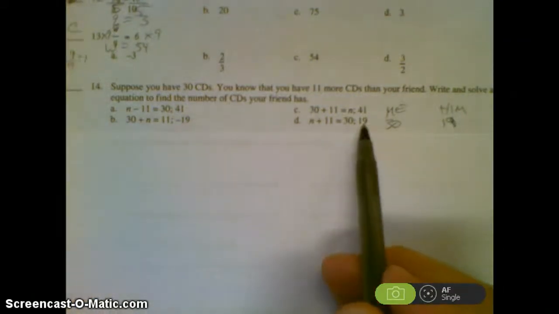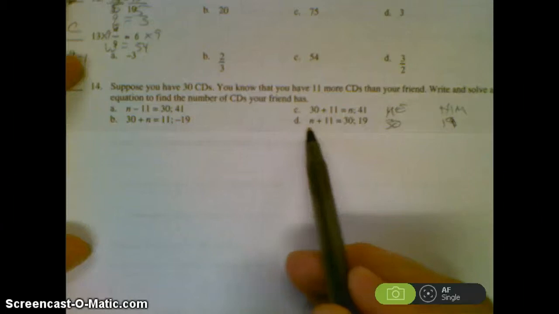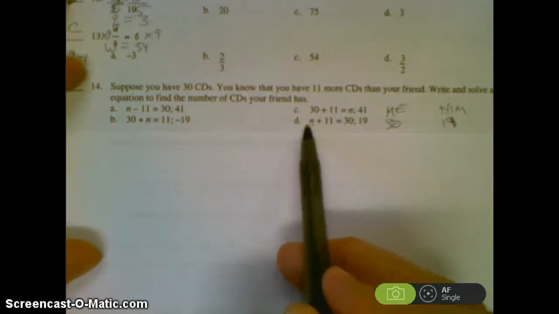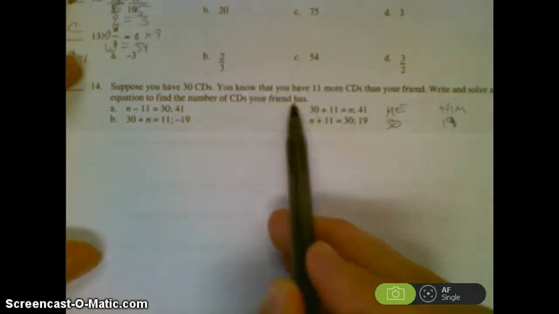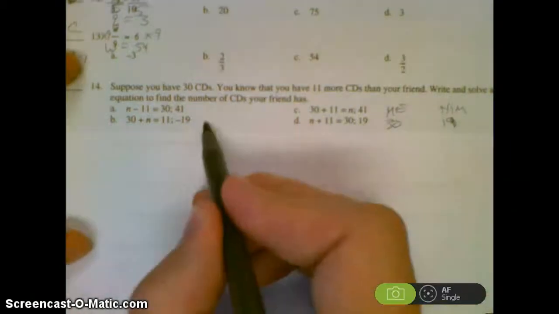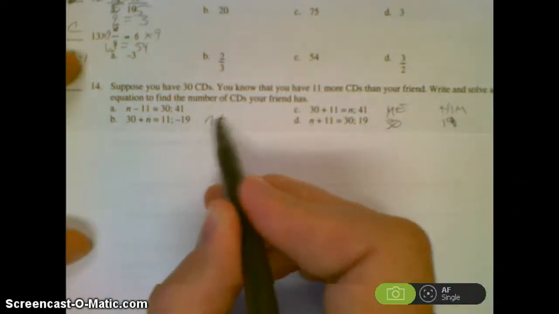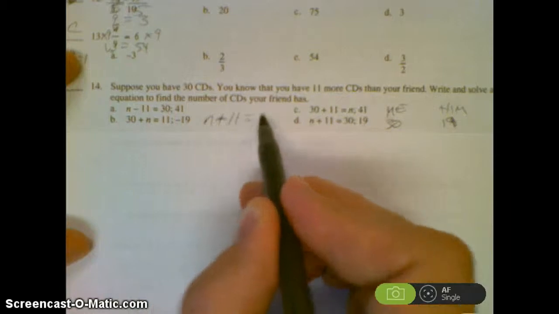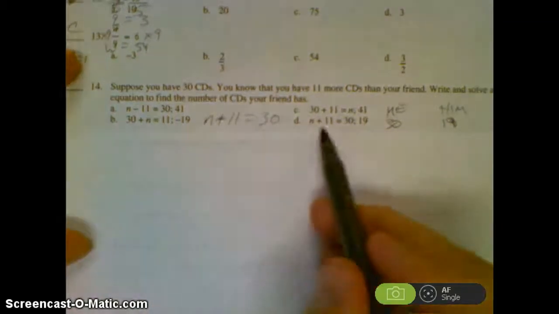So you could do it that way, like, hey, that's the one with 19, I know it's this one. Or the way to think of it is his amount of CDs that we're trying to find, we don't know, it's a variable. But we know if we add 11 to it, then we have my number of CDs. So the answer here is D.